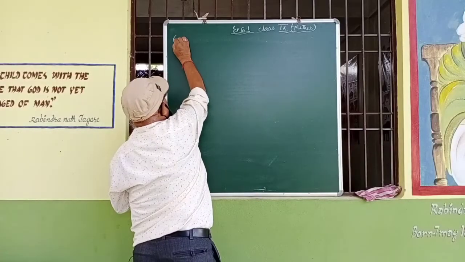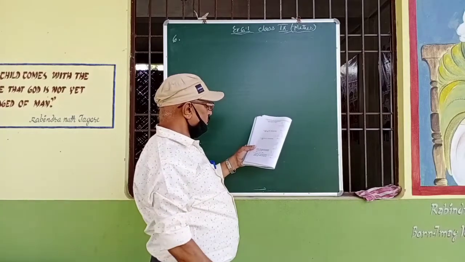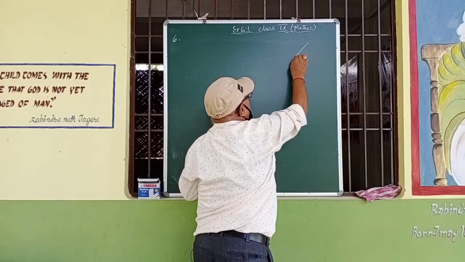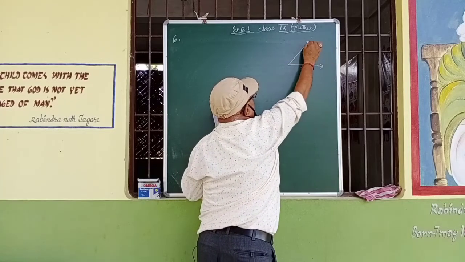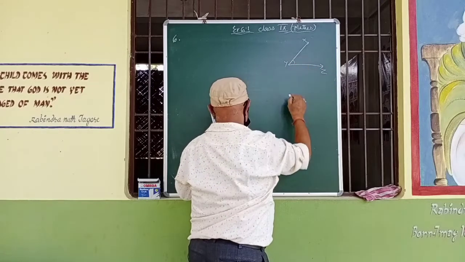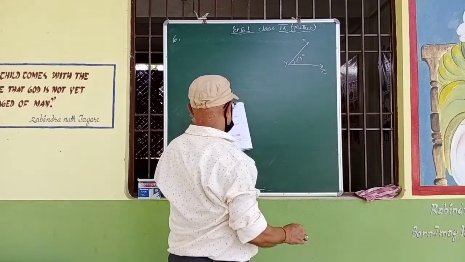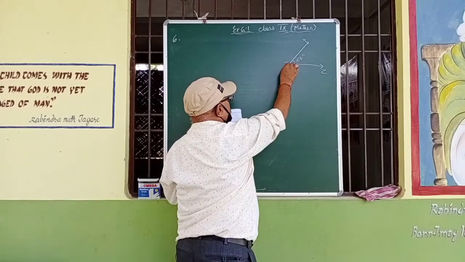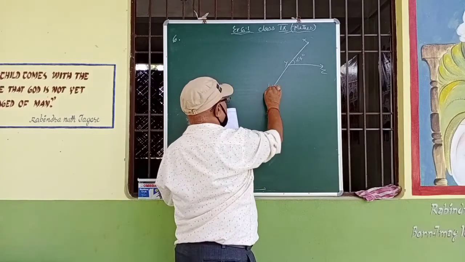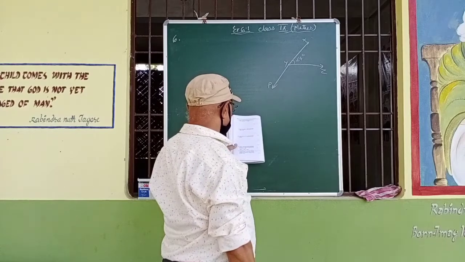Now question number 6. It is given that XYZ is 64 degree. XY is produced to P. Draw a figure from the given information.